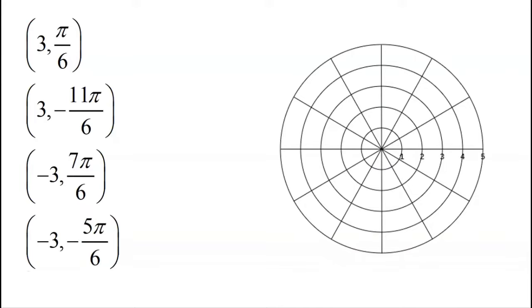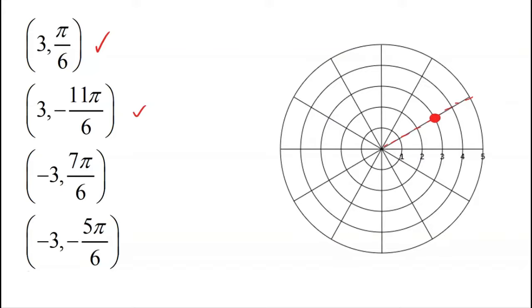Let me explain here. Looking at this first one, we are 3, pi over 6. So pi over 6 is right here. Here's that terminal side for pi over 6. And then 3 would be right there. There it is, there's that point. But I can also arrive at that exact same point using 3, negative 11 pi over 6.